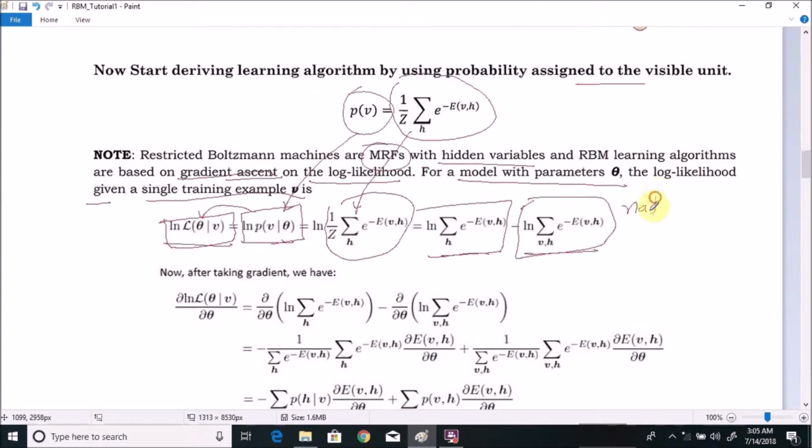Actually, the natural logarithm is a monotonically increasing function.